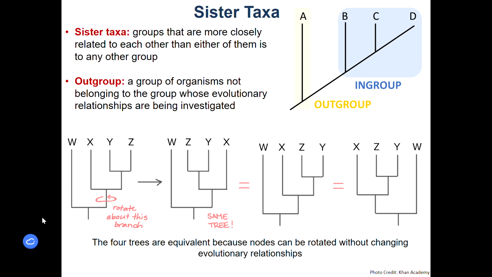Okay, so it's usually somebody who's way different. We like to think of them a lot of times as more ancestral. They have had fewer changes in allele frequencies over time. So they're the most basal or ancestral organisms. They don't belong to the rest of the group.